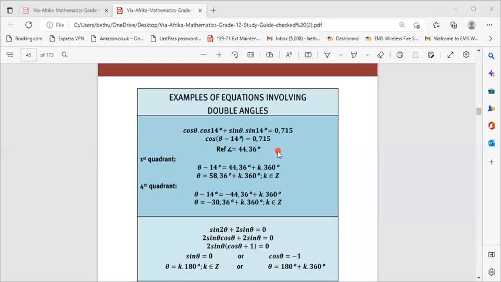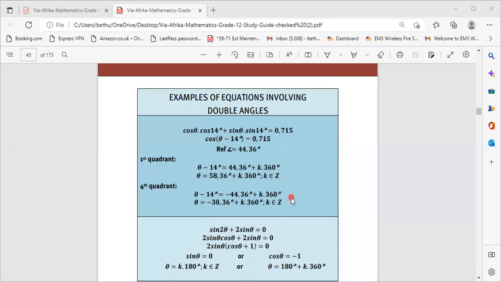So we're adding 14 to the 44,36 degrees. What will we have? Yes, we will have theta is equal to 58,36 degrees plus k times 360 degrees; k is an element of integers.